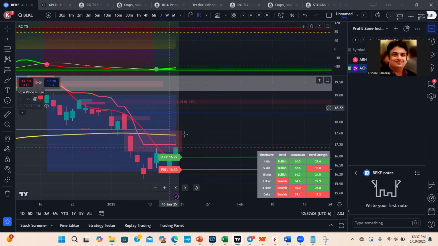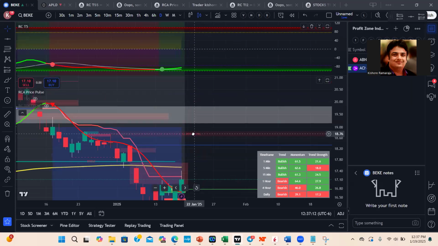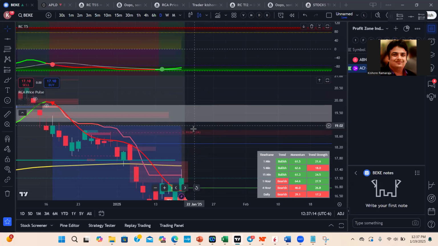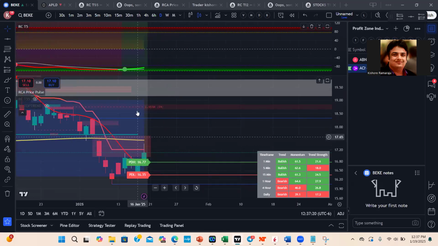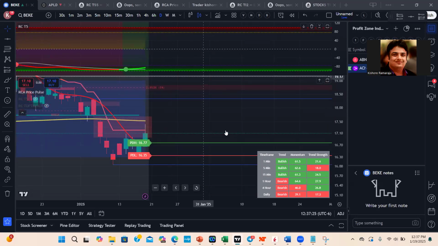We can wait. If it comes a little bit up and then starts dropping, if it comes to 18.5, you do a bear call. You sell the 18.5 call, you buy some 20 call. Your risk is minimal. You can confidently trade, and there can be a drop.